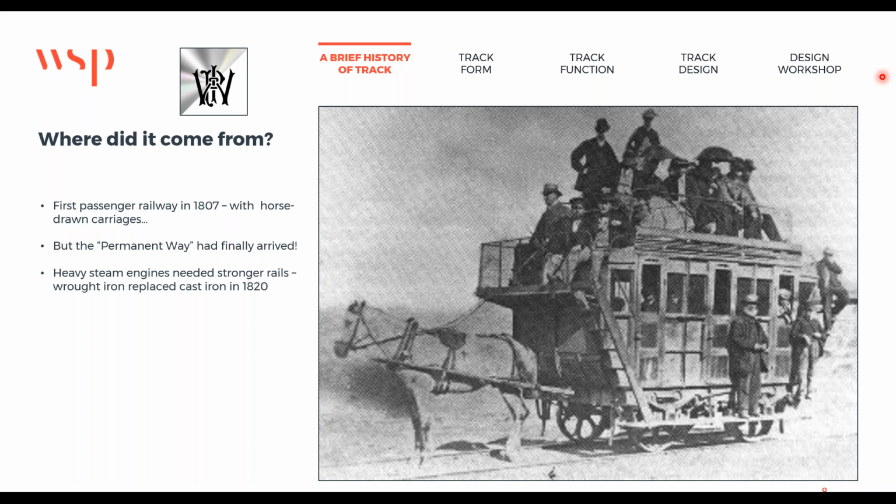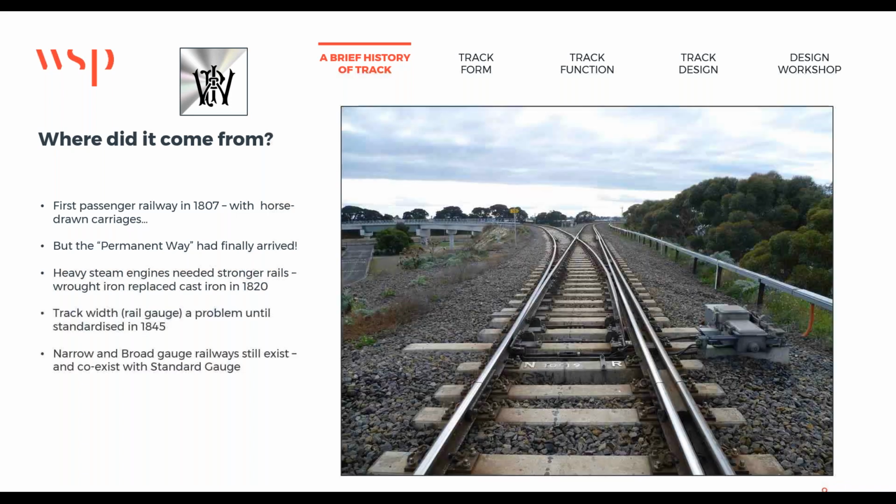To save costs, Stephenson recovered material from an earlier railway that he'd been involved in at Hetton Colliery, and it made sense that the wagons used on his finished railway were built to the same dimensions, which incidentally had a track gauge of 4'8" or 1422 millimeters, not 1435 that we use today. Two railways with the same gauge? Surely just a novelty.